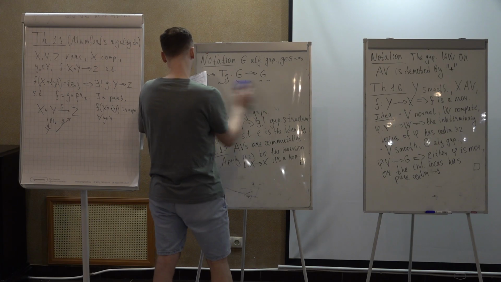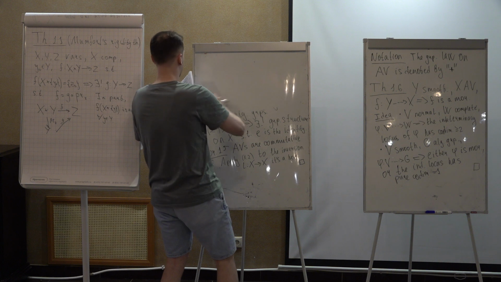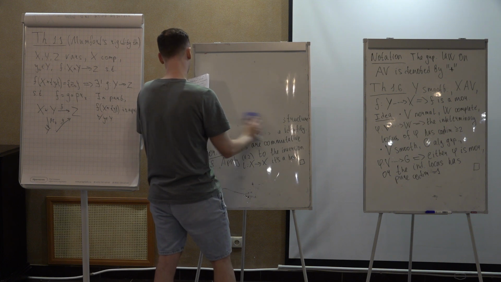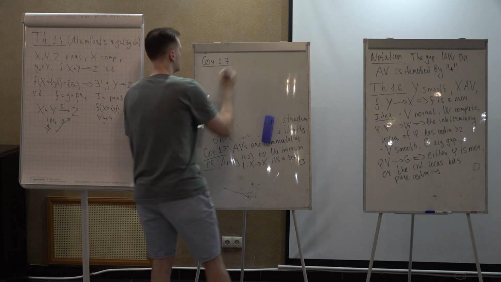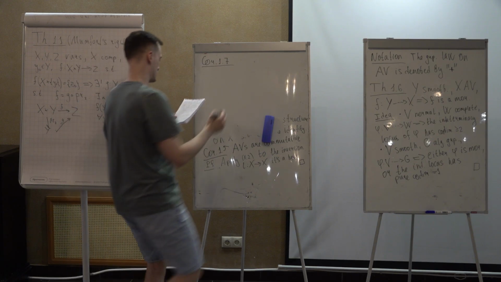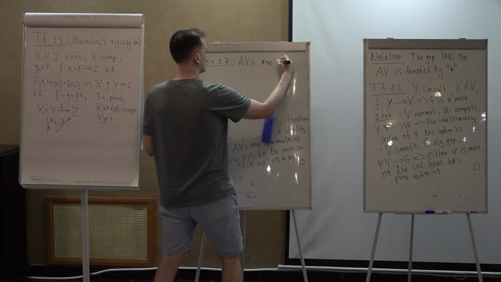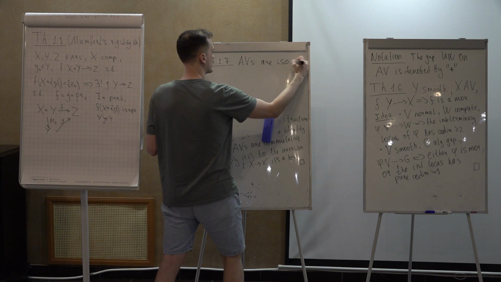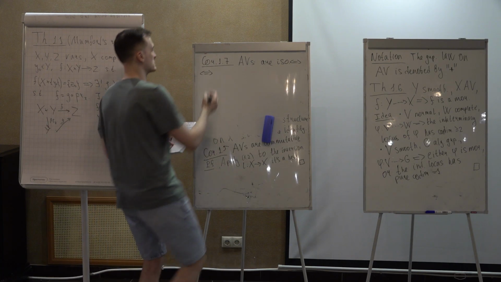And the funny corollary, so everything is even worse because Abelian varieties are isomorphic if and only if they are birationally equivalent.